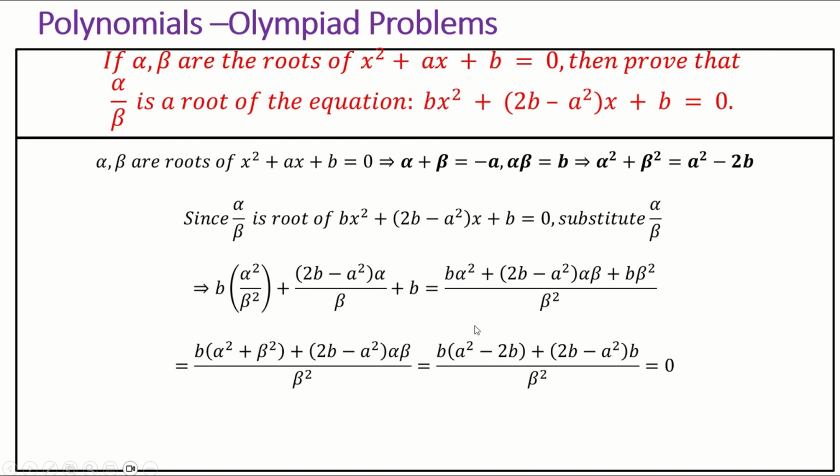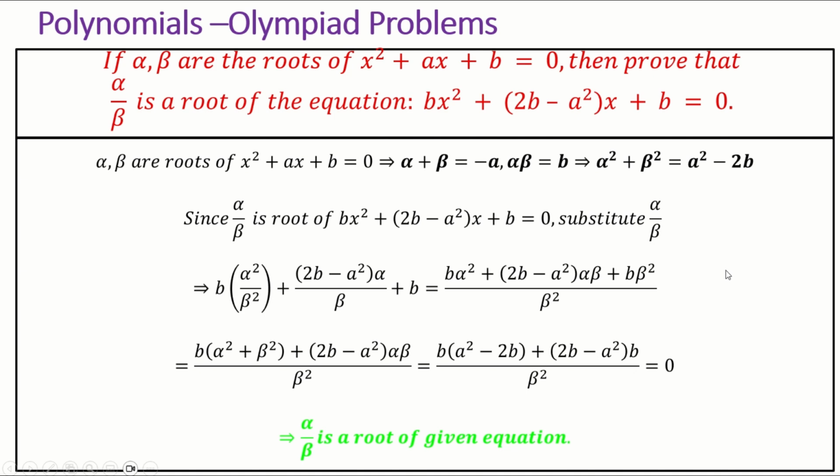This is plus, this is minus. a square minus 2b and 2b minus a square, which means the numerator is 0. So you don't need to worry about beta square, it is 0 anyway. That means if you substitute alpha by beta, this equation is 0, which means alpha by beta is a root of the given equation, right?